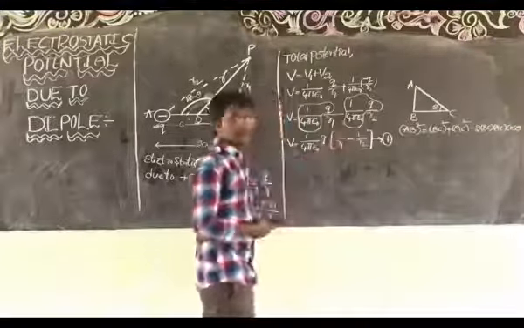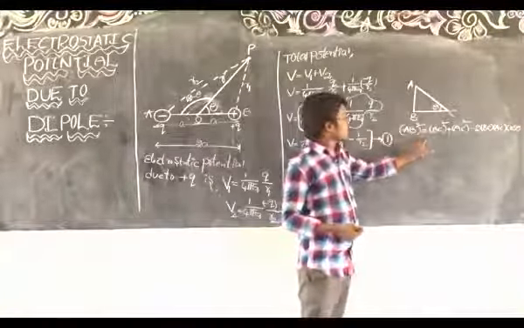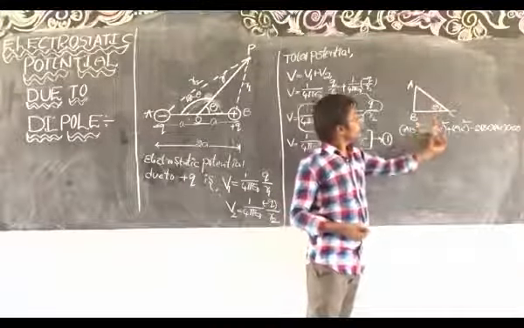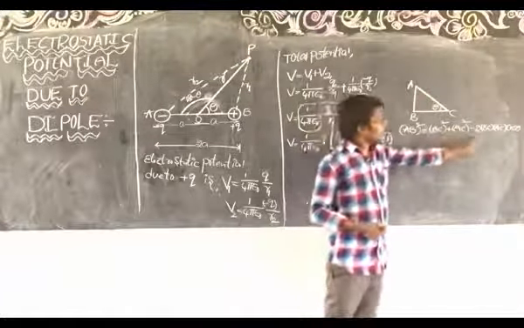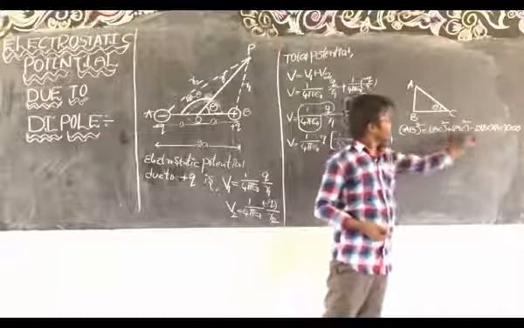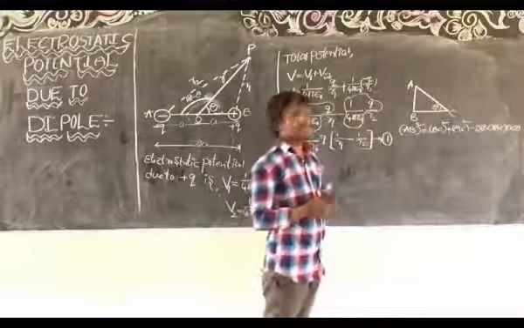This is the expression. See here, AB whole square is equal to BC whole square plus AC whole square minus 2 into BC AC cos theta. This is the cosine rule.